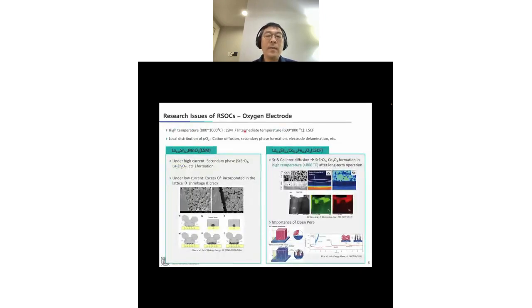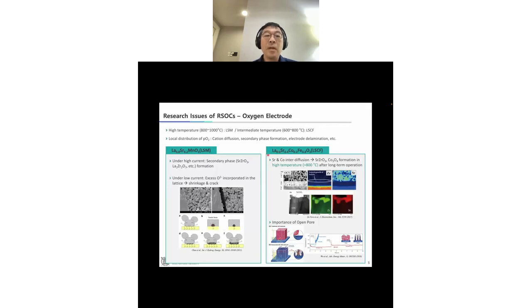We also have some serious issues with the oxygen electrode, for which we typically use LSM for high temperature around 800 Celsius, or LSCF as the oxygen electrode at a lower temperature. The problem with these two materials is that strontium exists in this oxygen electrode.